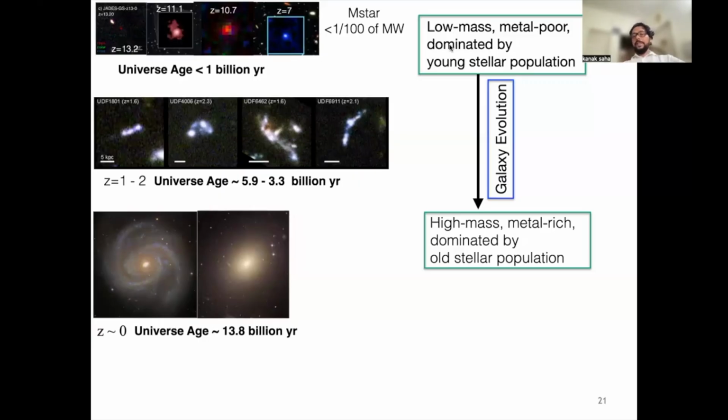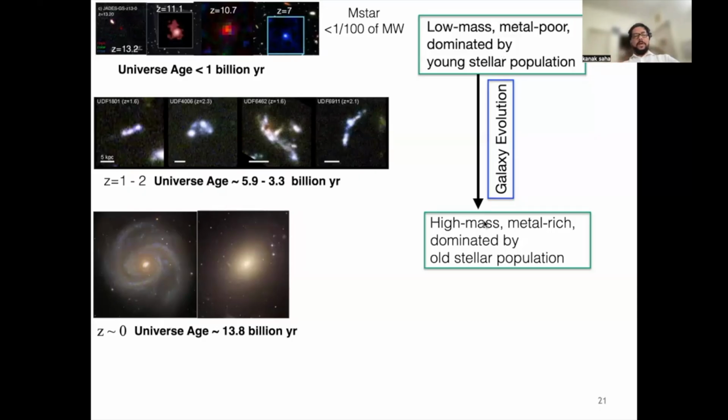These galaxies are typically low mass, metal poor, and dominated by young stellar populations, compared to their local counterparts, which are massive, metal rich, and dominated by old stellar populations. The study of galaxy evolution is basically connecting these two phases.